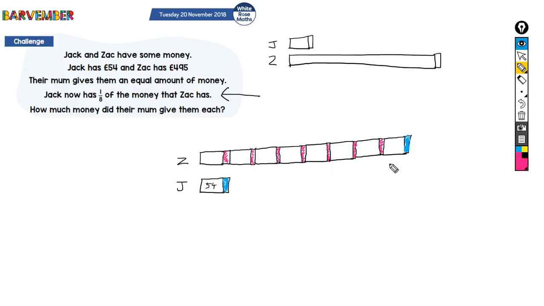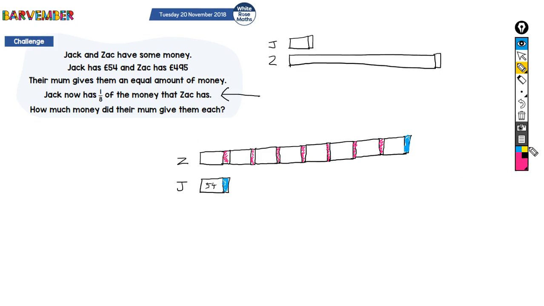We've drawn it this way because we're told that Jack ended up with 1/8 of what Zach had. This is the bit that's maybe not very clear sometimes when you look at what other people draw. They make these look the same, which they are in value, but sometimes it can be confusing, and you think you've got 8 amounts here that are from the mum. That's not the case.